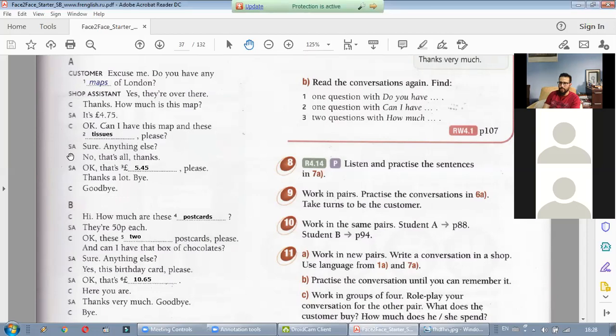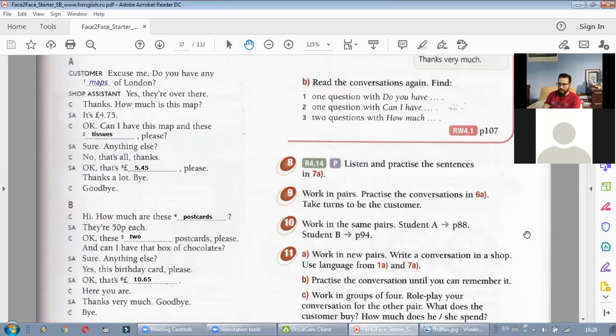No. معنا بسمة. لا انقطعت. تقدري تشاركينا حتى انت تقدري تديري conversation. اوكي يا جماعة ساكت. معناها هنا قلت لك can I have this map and these tissues please.